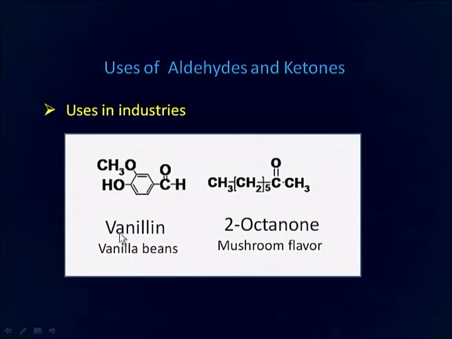This is vanillin. It is available in vanilla beans. All of you must have tasted vanillin in the form of vanilla ice cream or vanilla essence, which contains this compound in it. Then the mushroom flavor is because of 2-octanone present in mushrooms.